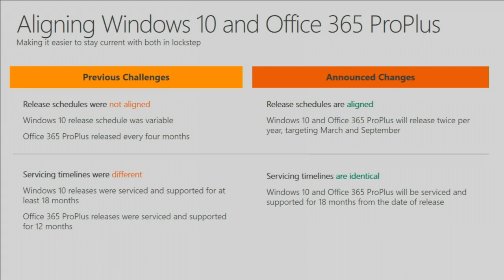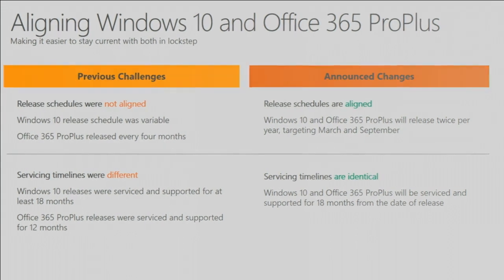We are working through releasing Windows and Office twice a year. We're aligning the support models to be 18 months from the point of the initial release until it's no longer supported. So you'll start seeing us aligning and releasing in the same time frames.